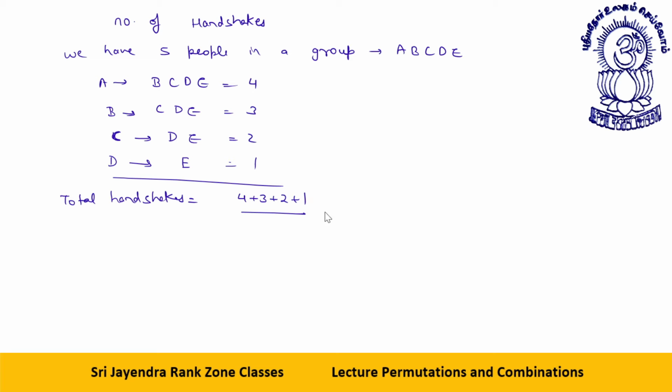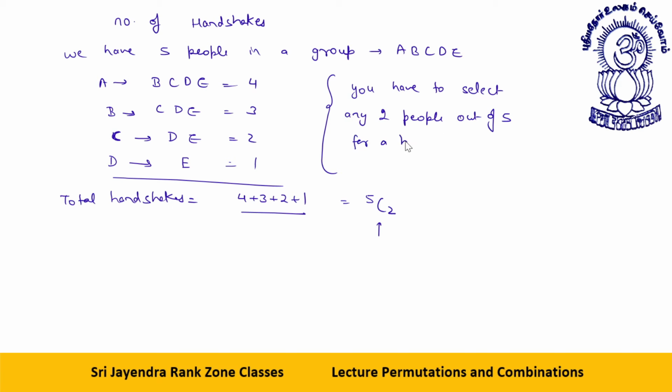This is actually 5C2. How come? You have to select any two people out of five for a handshake.